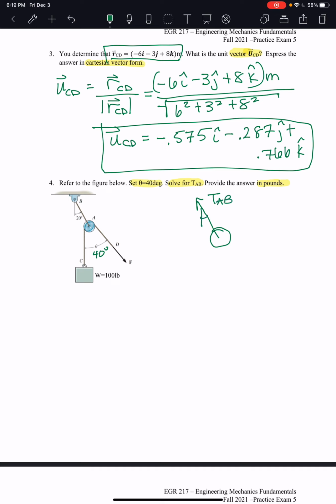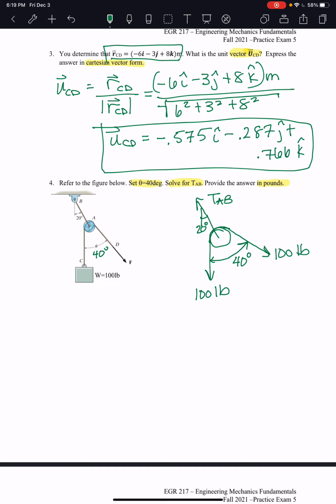We know this angle right here is 20 degrees. And then we have that weight, which is 100 pounds. And then this is all connected by that same cable. So that force F is also going to be 100 pounds. And then this angle is going to be 40 degrees.